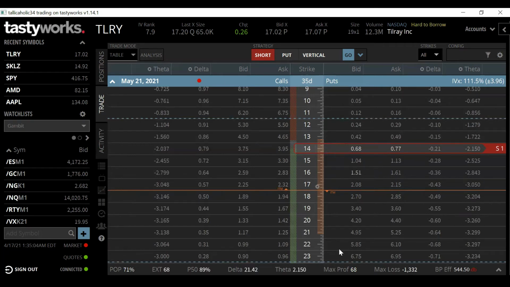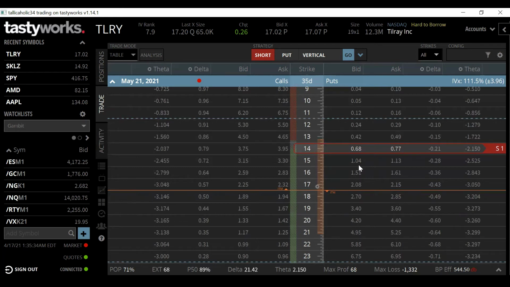Now, we do have credit received here, which is 68, so we would save around $68 on that. So we would be only paying 1,332 bucks for it, I guess, when you look on the bright side. But that's what that means. So that's why our max loss is so high, because all of a sudden now we have a chance of being assigned, whereas before we really didn't, because we were protected by the long leg of our spread.